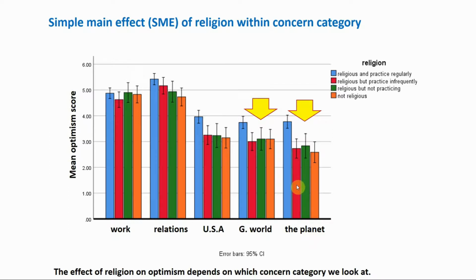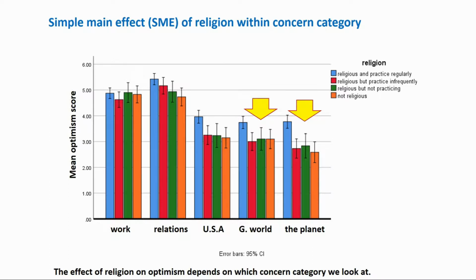Now you have to ask yourself, what test would be appropriate to compare these means? Well, we've already established that you can only be in one religious category. So this factor, religion, is between subjects, different people in each group. If you had one variable, because we're only comparing religion, and there are different people in each group, what test would you run?